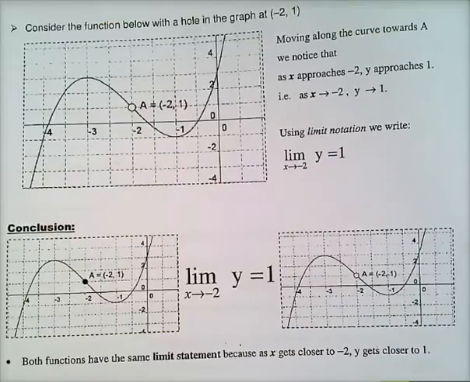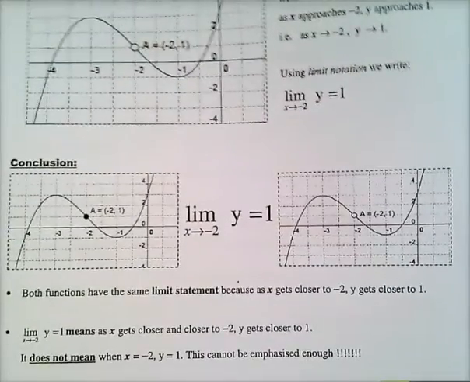It does not mean that when x equals negative 2 that y equals 1, okay? Because if we actually found the equation of this graph and factorized, especially like this one with the hole in it, you would find, as we found before, that there'll be no value there.